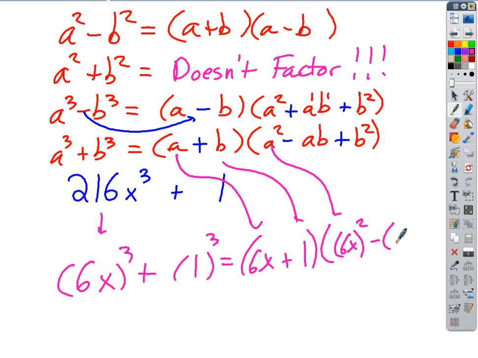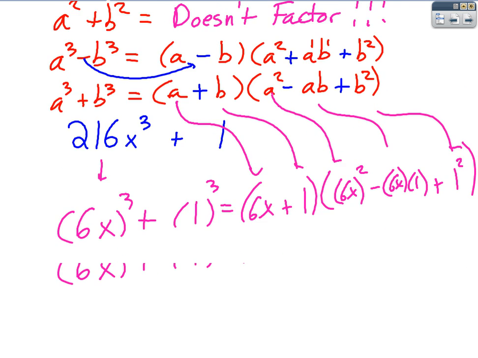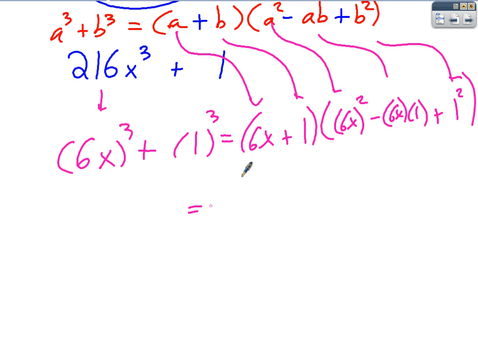Minus AB, 6x times 1, and then plus B is 1 squared. Right? So what's that going to become if I simplify that? That's going to look like 6x plus 1.